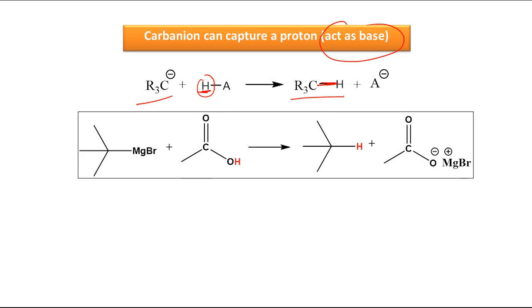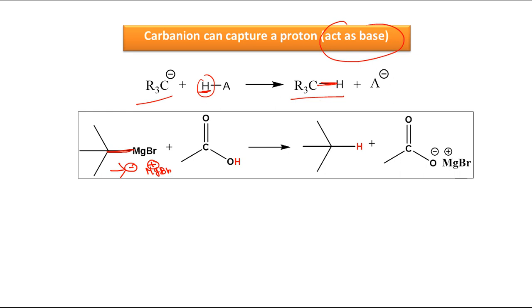Now for an actual example, we know Grignard reagent has Carbanion type of nature. This carbon-metal bond will have this carbon basically. If I write it as if the bond is fully broken, it will be like this. Though there is no free Carbanion, this carbon-metal bond, because of polarity, will behave as if it is Carbanion.